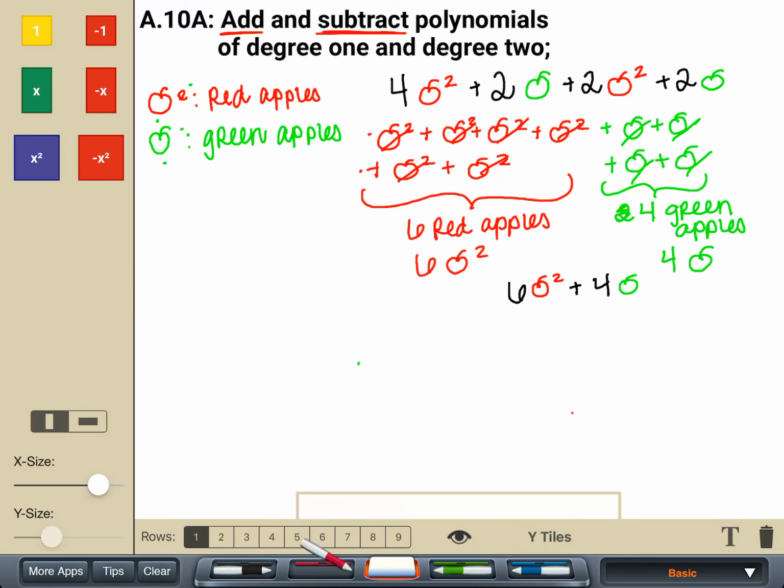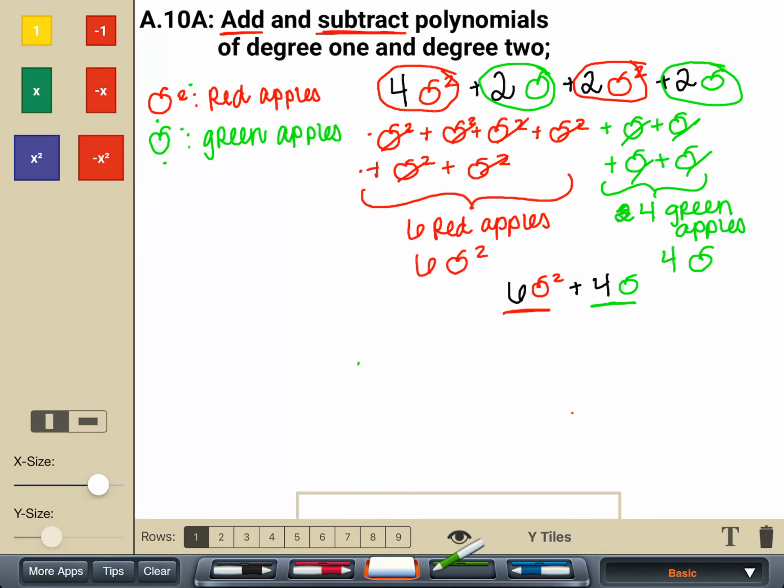Notice how here on top, when we have 4 apple squared plus another 2 apples squared, that gives us 6 apples squared, right? And then when we have 2 apple plus another 2 apple, 2 plus 2 is 4, so that gives us 4 apple.